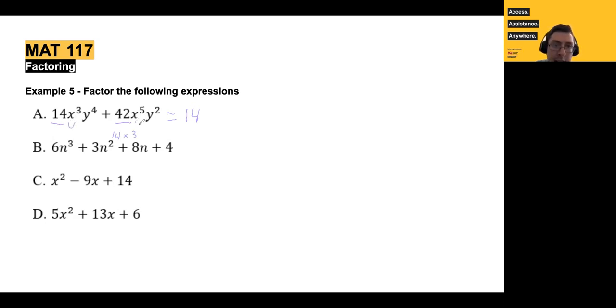The next is the x cubed, the GCF of x to the fifth and x cubed, and y squared can be factored out of both of those.